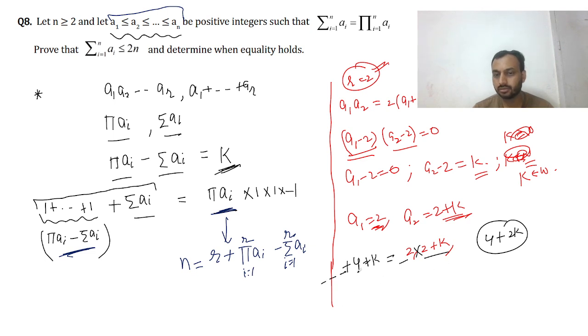So the remaining numbers should be ones, no? Because this one is less than this value, 2 into (2 plus k). So 4 plus k is already there, and the total value is 4 plus 2k, so the remaining values we get from the ones. So how many ones do we have? k ones here.